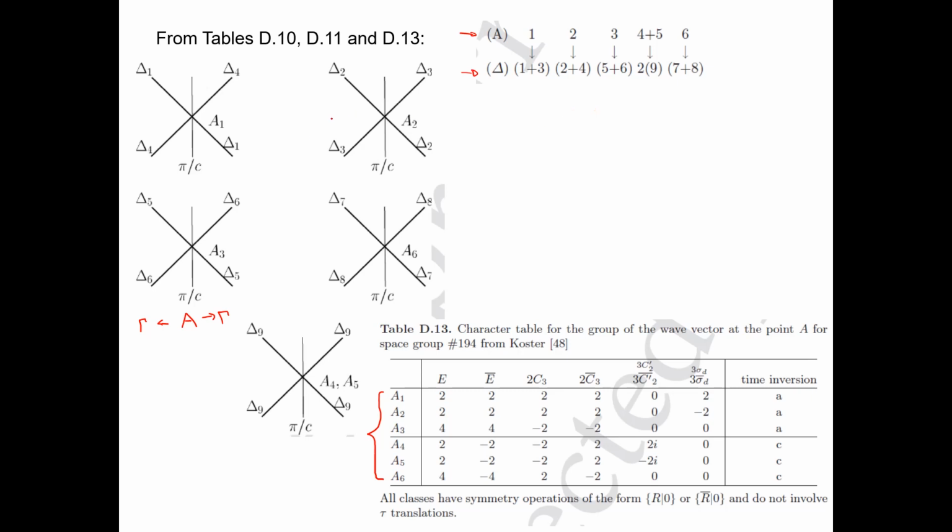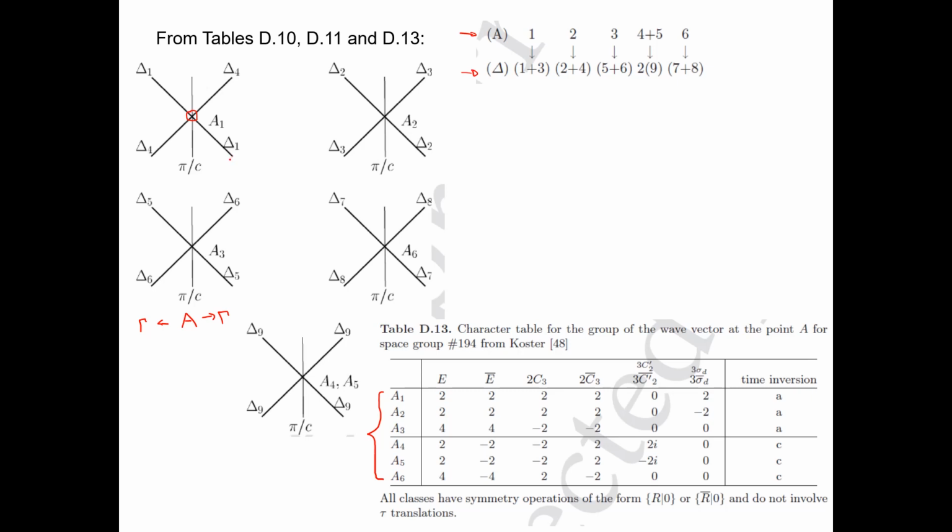Okay, so this is what I mean by these drawings, these pictures here. So the A1 level is degenerate because of these non-symmorphic operations, and when you move away from A, they split into a delta 1 and a delta 4, and the bands are linear here. Very similar to the case of diamond that we have considered before.